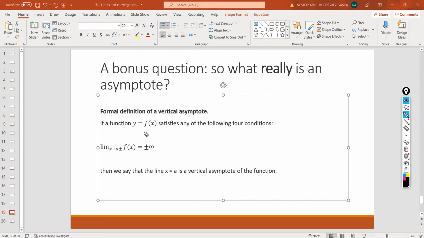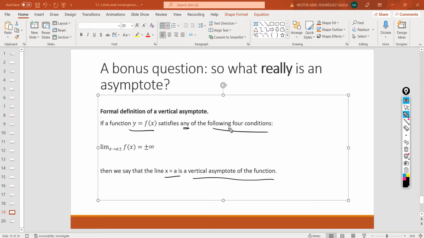So if the function satisfies any or either of the following four conditions, the limit as x approaches a from the right or from the left of the function is equal to either infinity or minus infinity, then we say that the line x equals a is a vertical asymptote of the function.